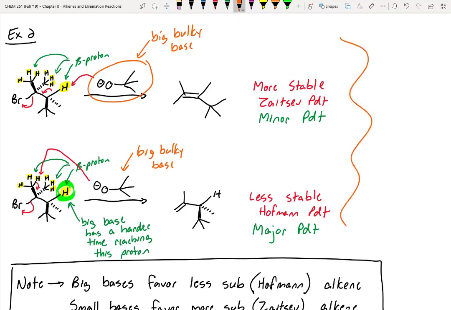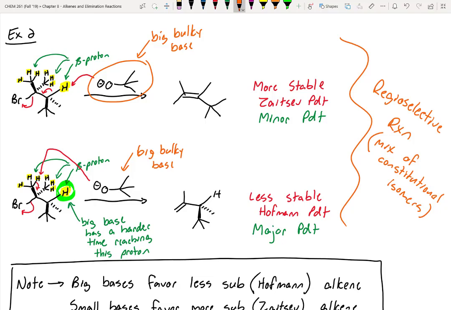So up here, this would be a regioselective reaction. Got a mix of constitutional isomers. All right, so that makes sense. Let's take a few other examples.